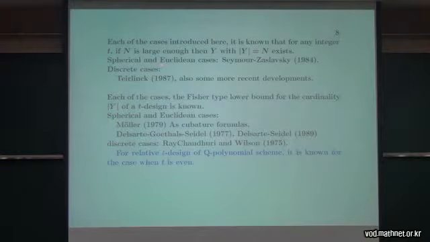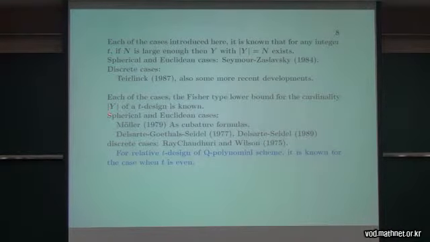For spherical and Euclidean cases by Seymour and Zaslavsky in 1984, and for the discrete cases by Tiering in 1987, and also some more recent developments. For any t, if n is large enough, then there always exist designs with cardinality n. And in each of the cases, Fisher type lower bounds are known.